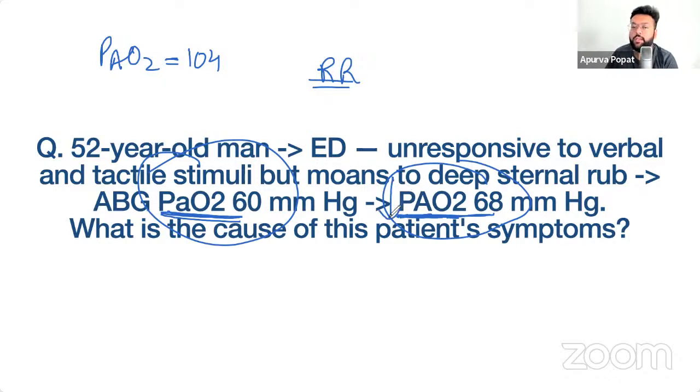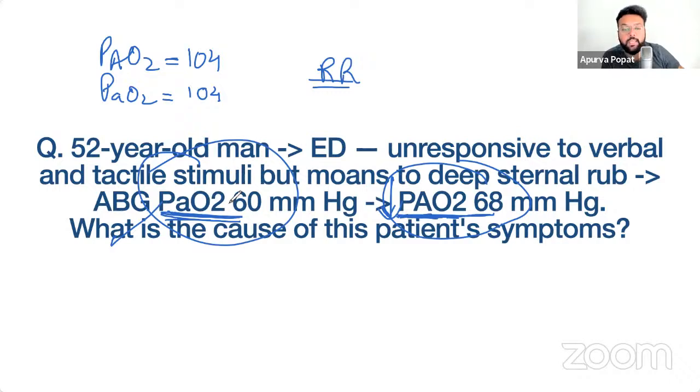Similarly, what is the normal PaO2? Also around 100. So both PaO2 and PAO2 are decreased. Why? Because the respiratory rate is decreased. Very good. Can you find a similar scenario at high altitudes? Yes.